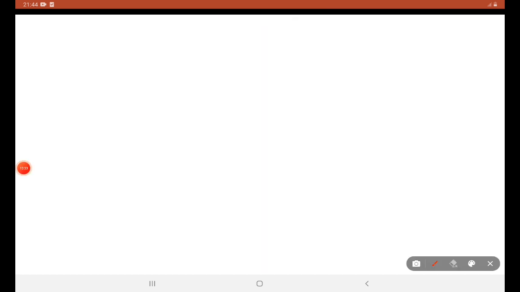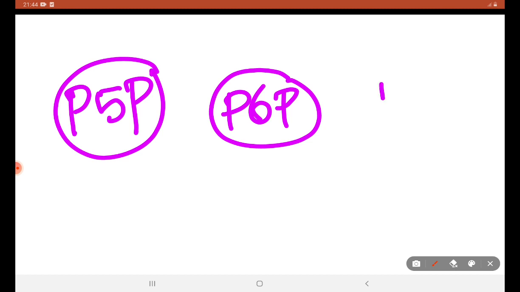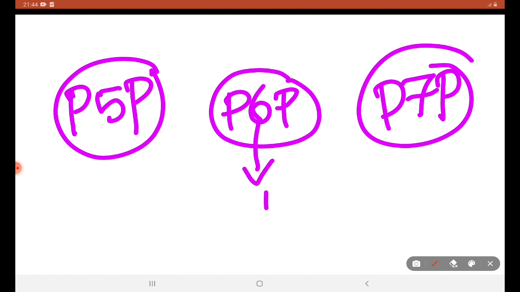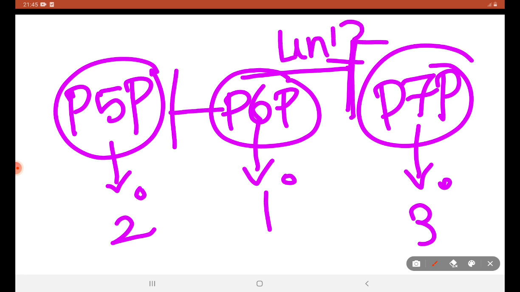Another important thing: we have P6.p as primary, P5.p as secondary, P7.p as secondary. This is primary, this is secondary, this is also secondary. P6.p will release LIN-12 signal to both the neighboring cells to prevent them from becoming primary cells.